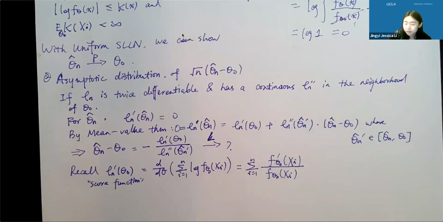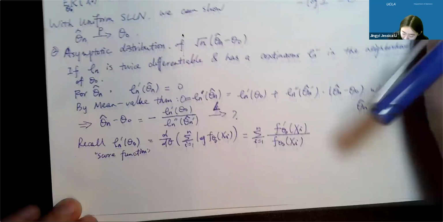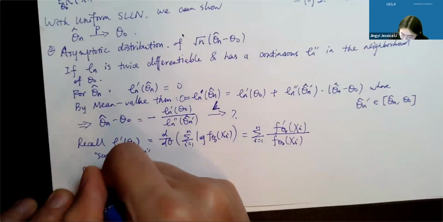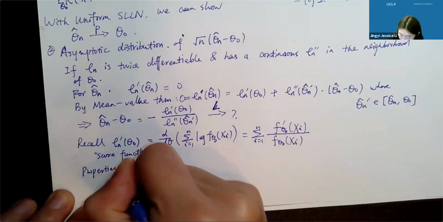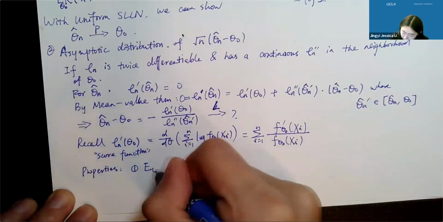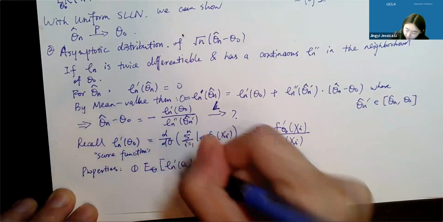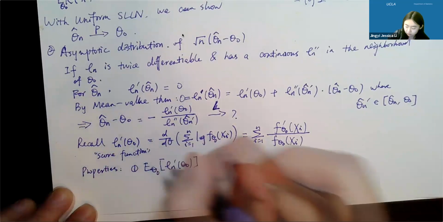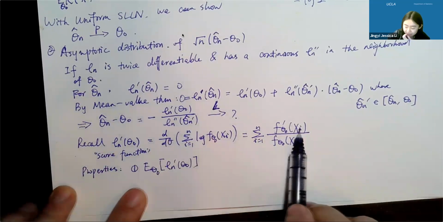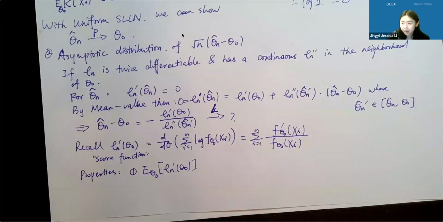The first nice property is that I can show the expectation of this Ln prime theta 0, evaluated at theta 0, which is the true parameter for the xi's, is 0. It has 0 expectation.